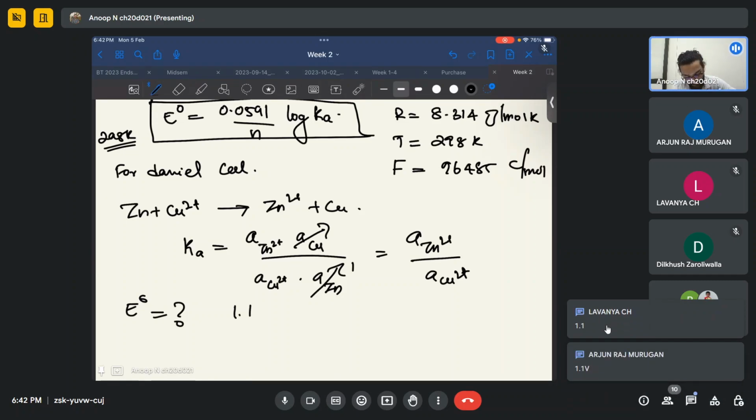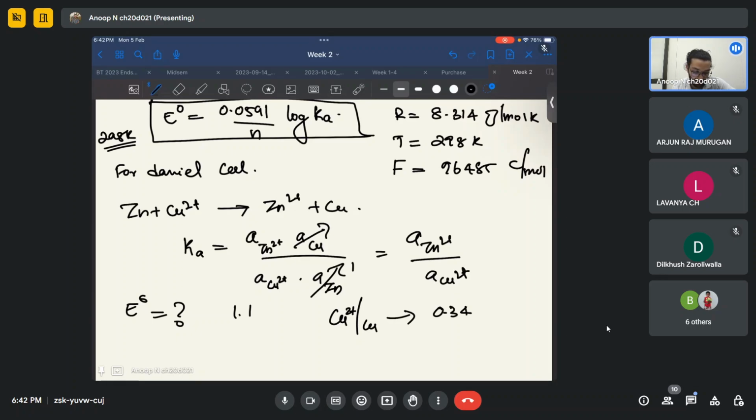For the cathode, Cu2+/Cu, we have 0.34 volt versus SHE. When you write a potential, always try to write it with the reference. Then for Zn2+/Zn, you can write minus 0.76 volt versus SHE.